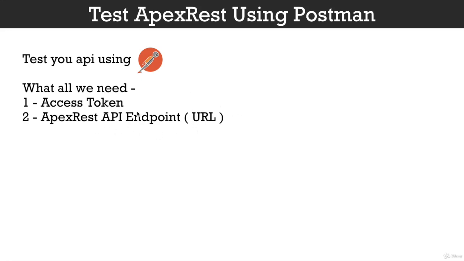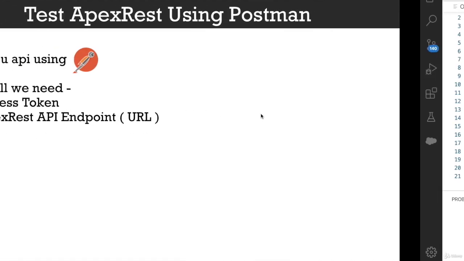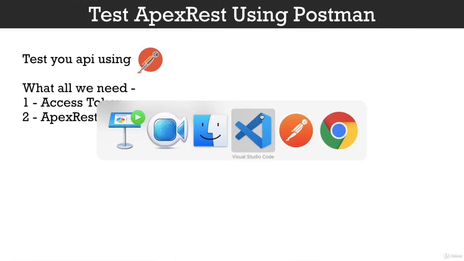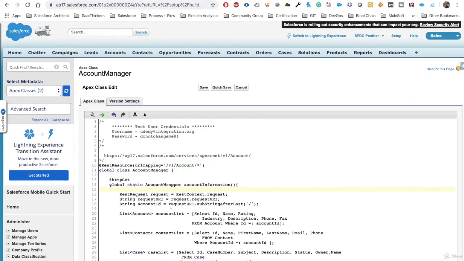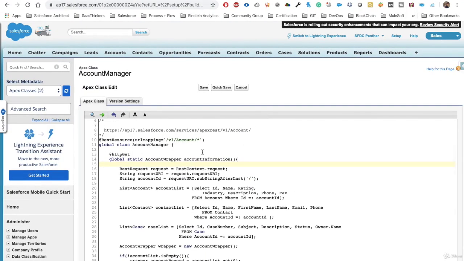To get the Apex REST API endpoint, let's quickly get back to our Salesforce environment. Here is our Salesforce environment, and this is the class that we developed in the previous lecture. We also saw how we can test this using Workbench.